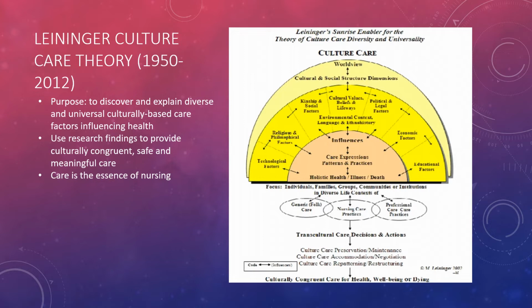In addition to care expressions, patterns, and practices, which is more kind of formal healthcare, they also have these expressions of holistic health, illness, and death. So they have a life, they have a perspective of what health means that's outside of whether they visit the doctor or not, or how often they visit the doctor. It's a holistic idea of what health is for them.